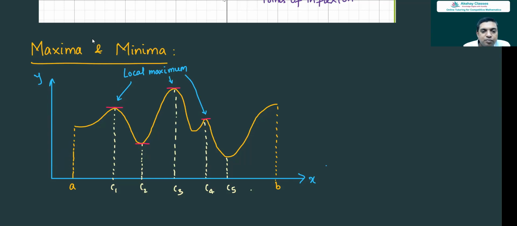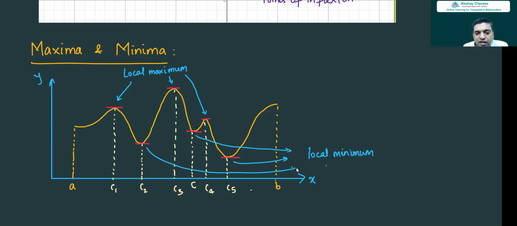Oh, I missed one point here. I'll just mark this point as C. Now, these points are local minimum values. This one, and this one. These are local minimum values.